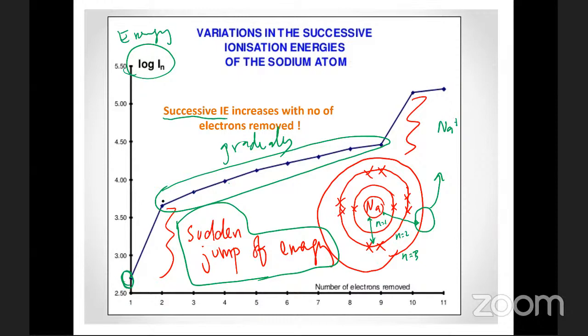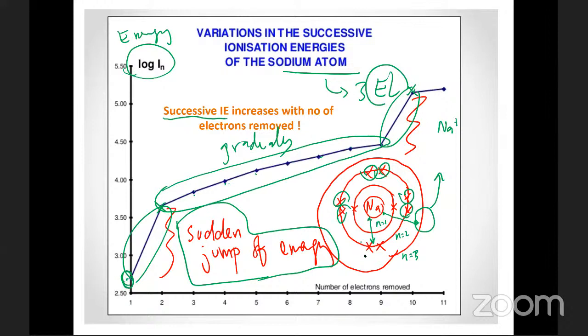Okay, the first, the second, and the third. This means the sodium atom has 3 energy levels. When you want to remove the second, third, fourth, fifth, 6, 7, 8, there is no sudden jump, because the electrons are located at the same energy level. There are 8, right.